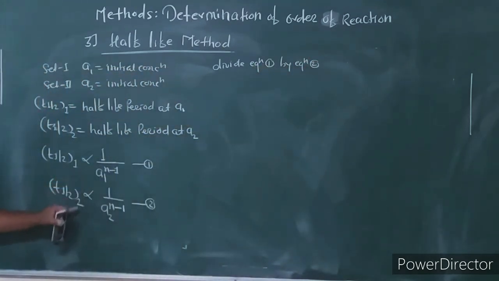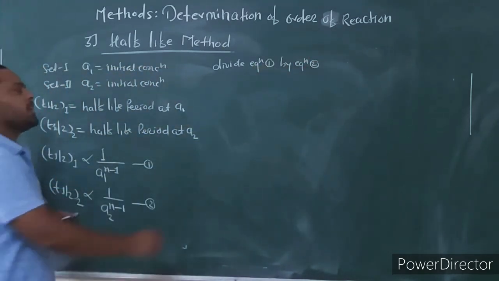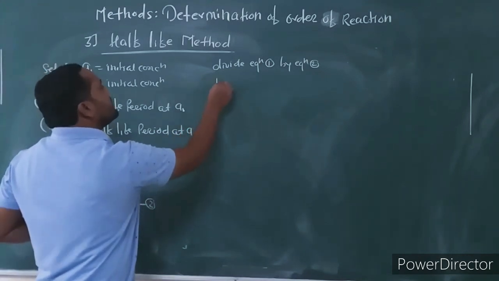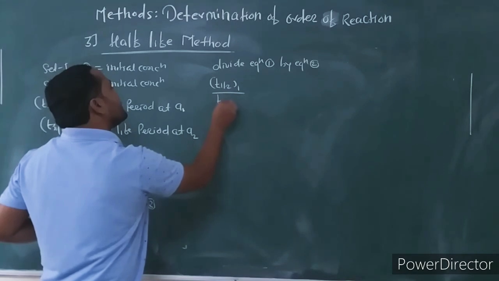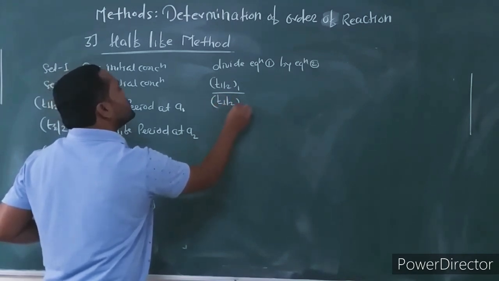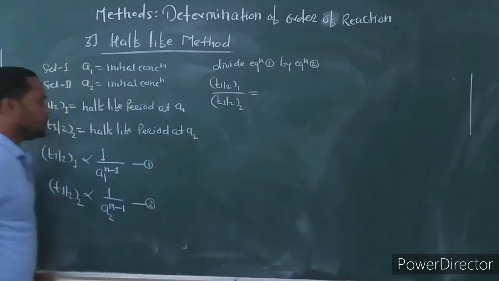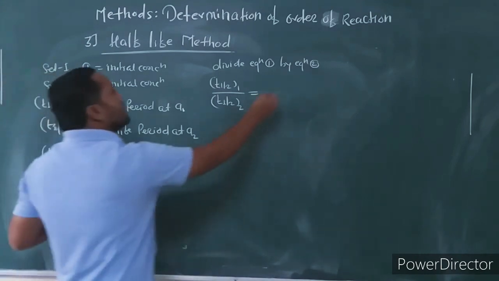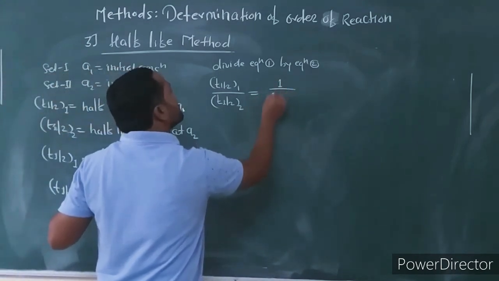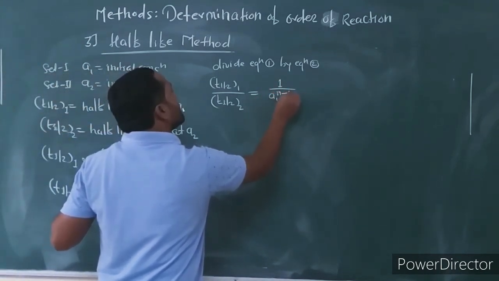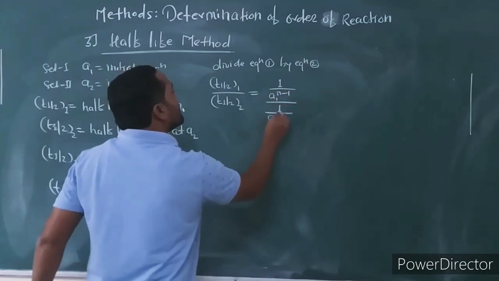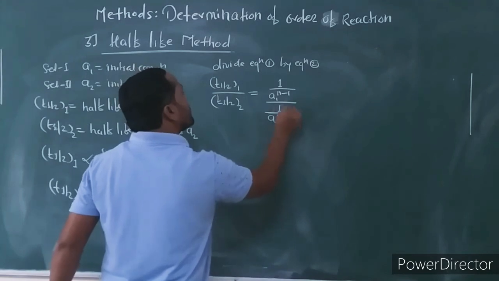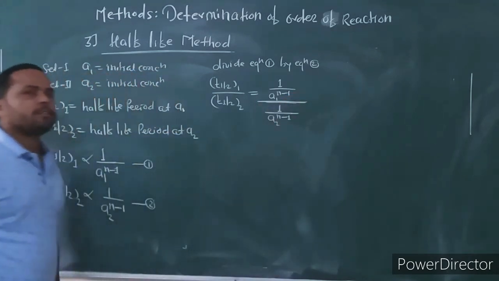Dividing equation 1 by equation 2, we can write T half 1 divided by T half 2 is equal to 1 upon A1 raised to n minus 1 divided by 1 upon A2 raised to n minus 1.